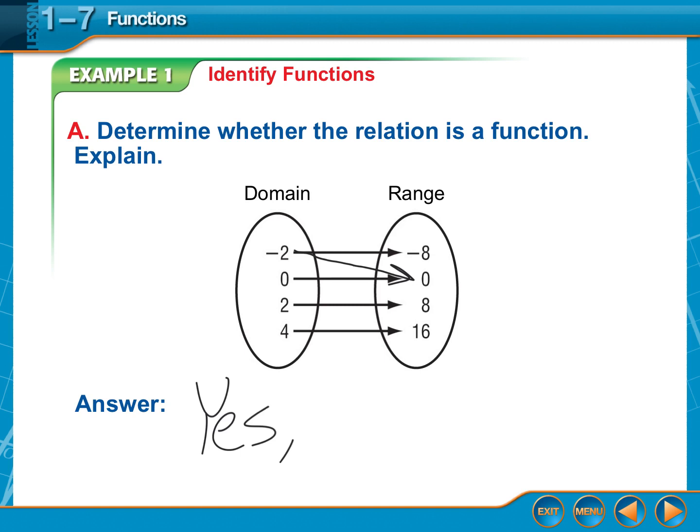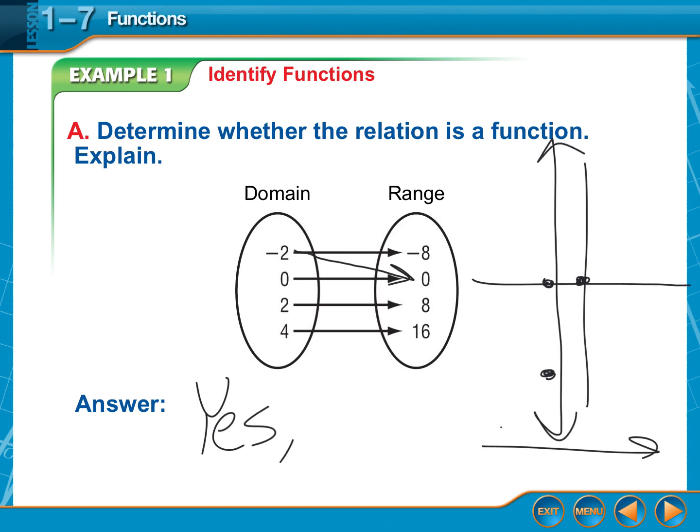Okay, so that breaks it. Okay, so if I had that on a graph, I'm going to rough sketch. If I had negative 2, negative 8 down here somewhere, 0, 0 here, and I had negative 2, 0 here. If I did the vertical line test, if I move that left to right, that x value touches more than one coordinate. Okay, so that's how the vertical line test works.